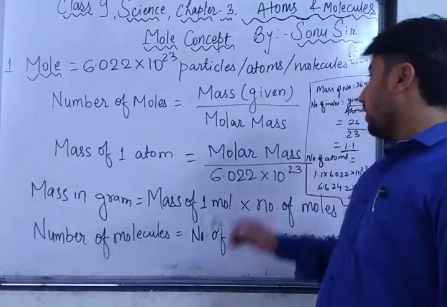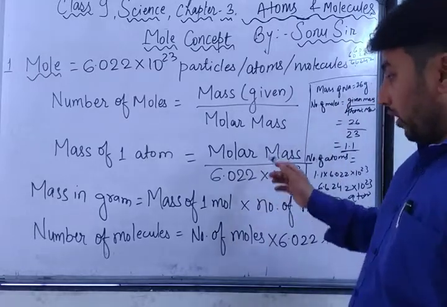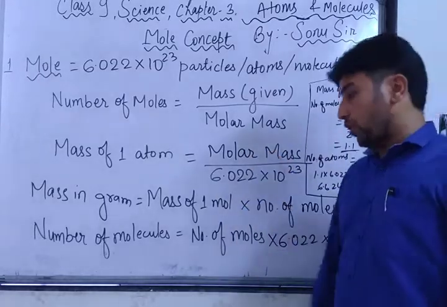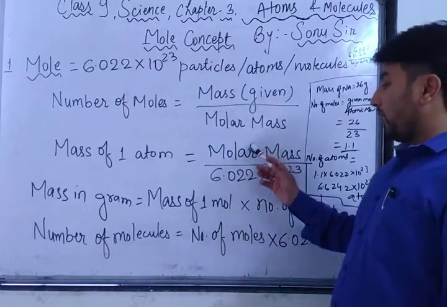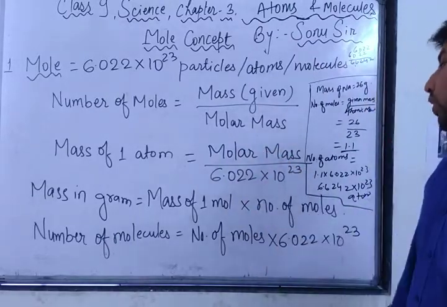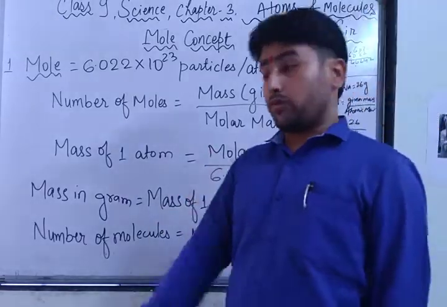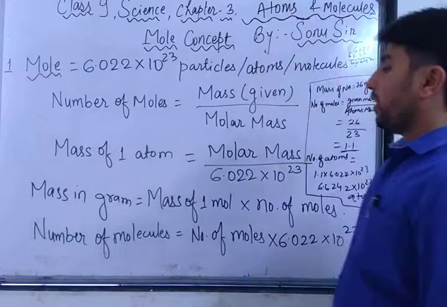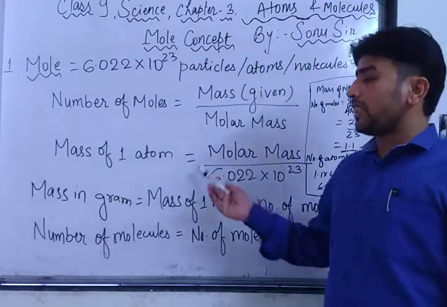Molar mass means 23 gram; 23 is the molar mass of sodium. So 23 divided by 6.022 into 10 to the power 23 will be the mass of one atom of sodium. Similarly, you can calculate the mass of any element's atom.